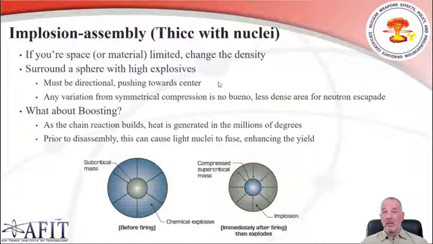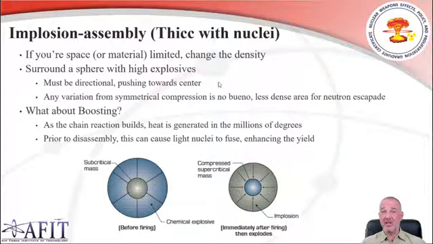Well, if you recall from the fusion discussion, the temperatures necessary for fusion to occur are in the millions and tens of millions of degrees. Luckily for us, as it's building up energy and depositing it into our fissile material, our fission core is going to be generating temperatures towards the end in the millions and tens of millions of degrees.